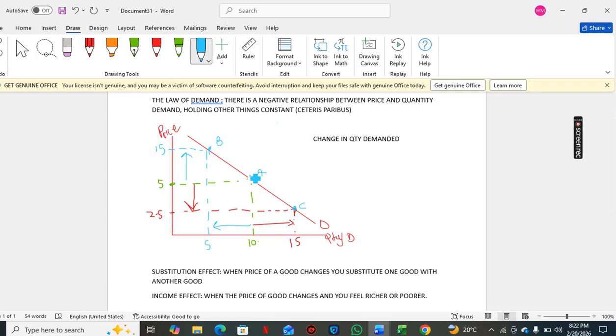As you saw, when price increased from 5 kwacha to 15 kwacha, we moved from point A to point B. Okay. Start again from point A, price drops from 5 to 2.5 kwacha. We move from A to C. This is change in quantity demanded, okay?